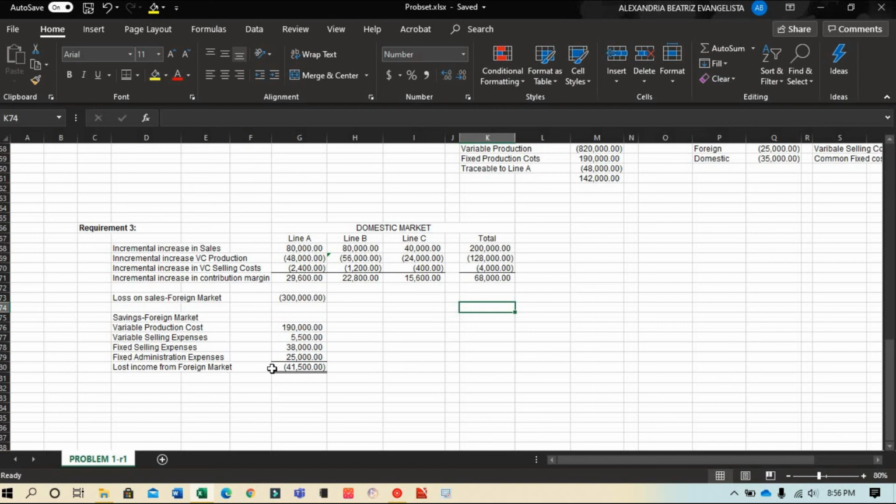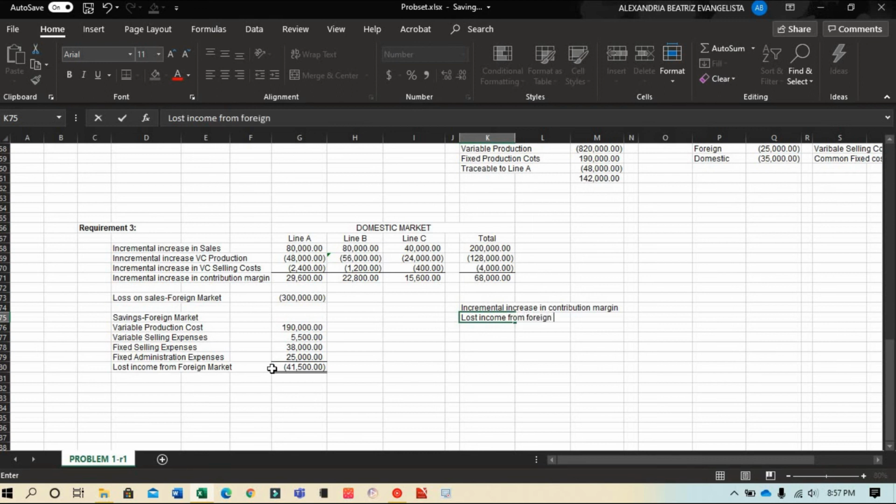To compute for that, we're going to get the incremental increase in contribution margin and then we're going to deduct the lost income from the foreign market.